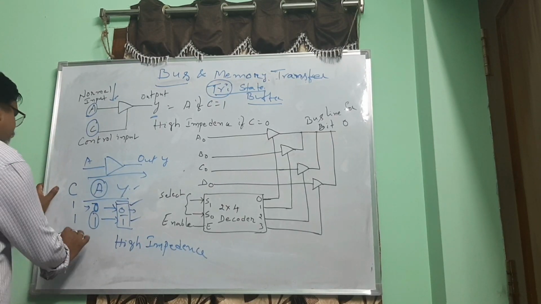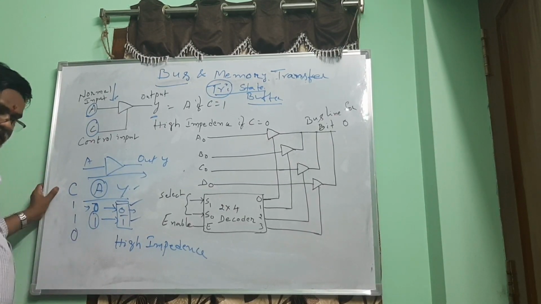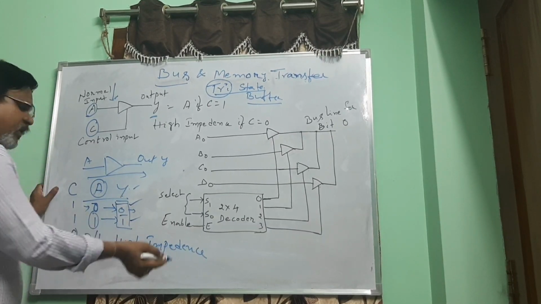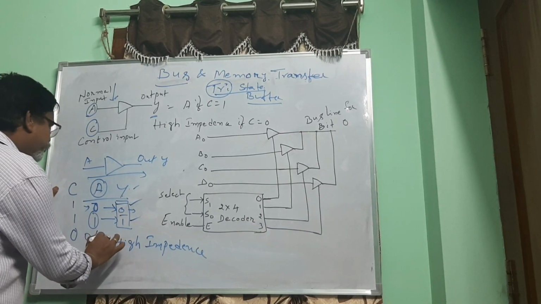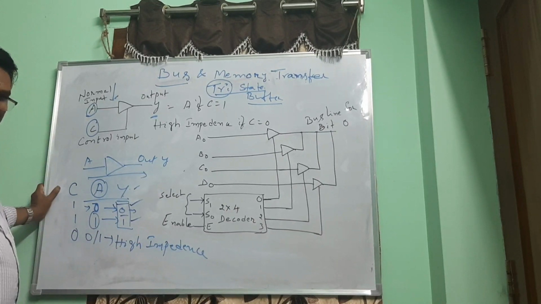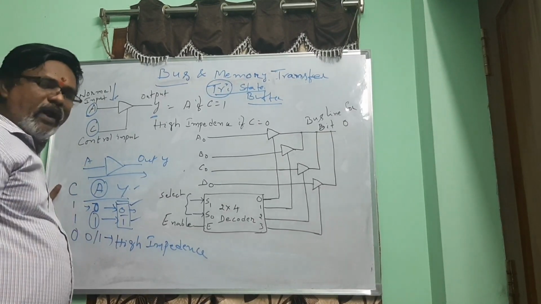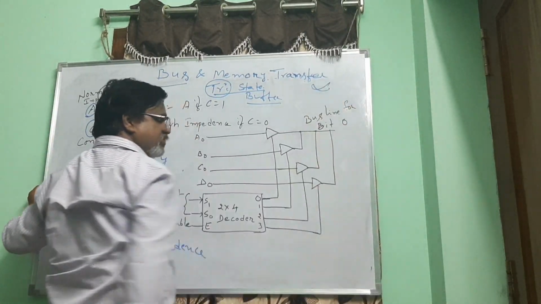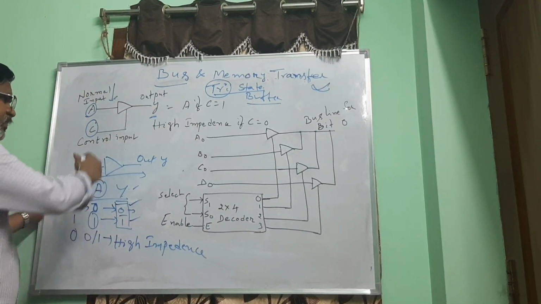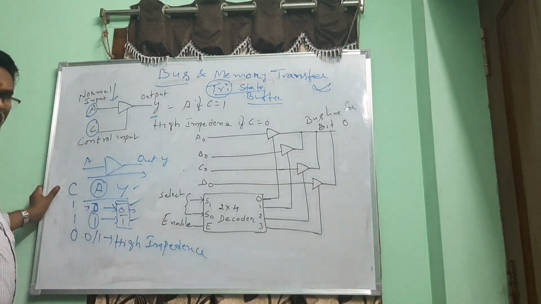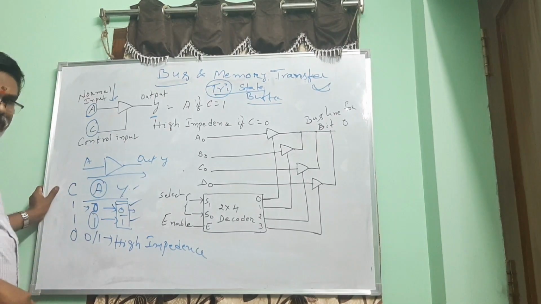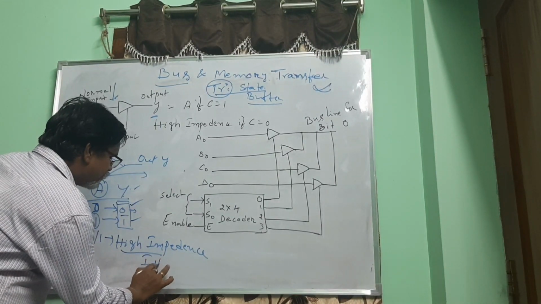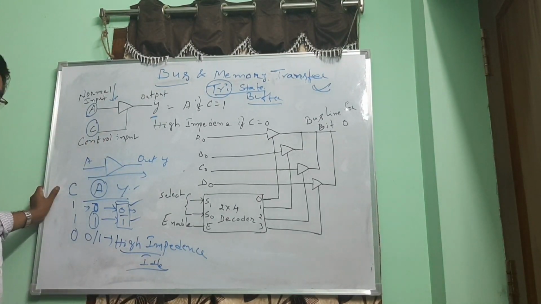But if the value of C is 0, irrespective of the value of A, either 0 or 1, the output will be the high impedance state. High impedance state means there is no value for it. Like how you use the infinity symbol in mathematics, the high impedance state has no value. It is neither 0 nor 1. So simply you can say idle.